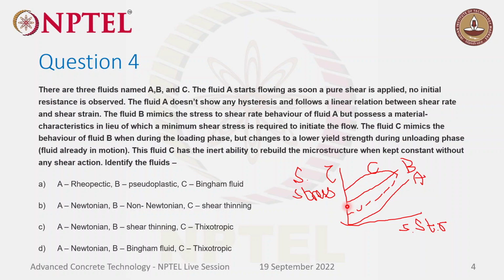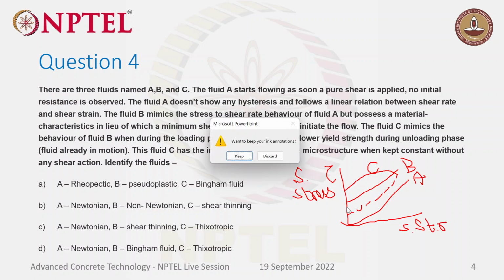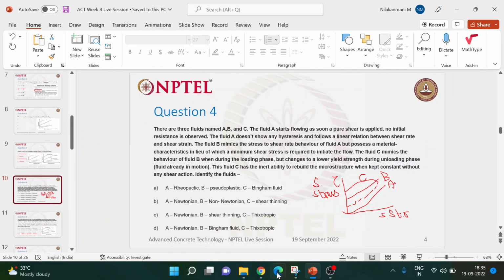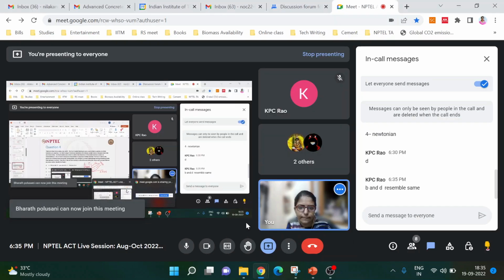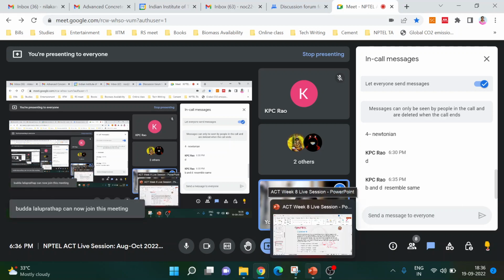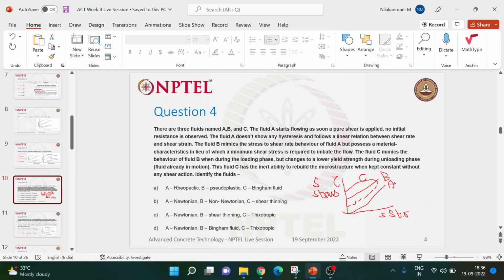I hope you guys have given some answer in chat box or polls. Let me see. Here someone has said B and D resemble the same. No, the answer actually, if you say Bingham model, Bingham fluid, it is non-Newtonian.